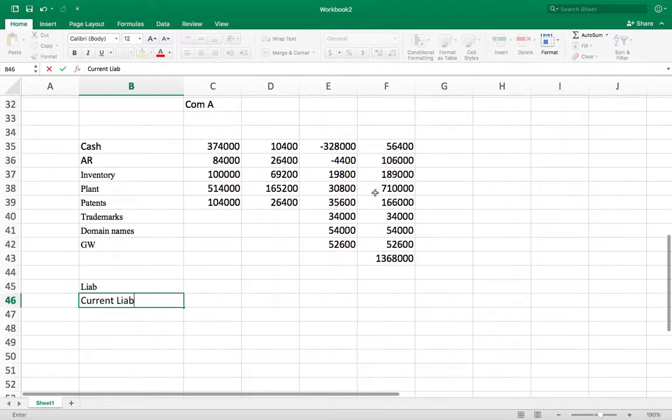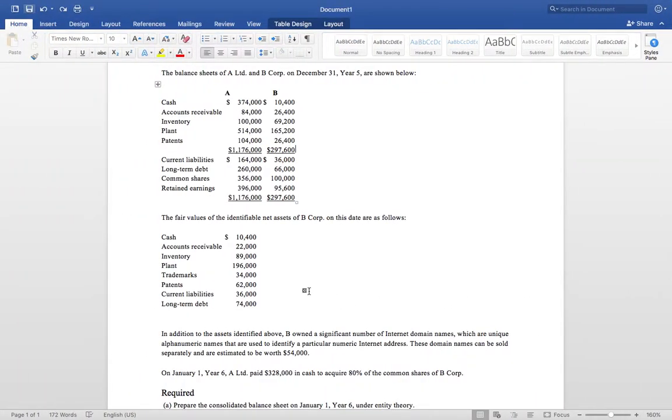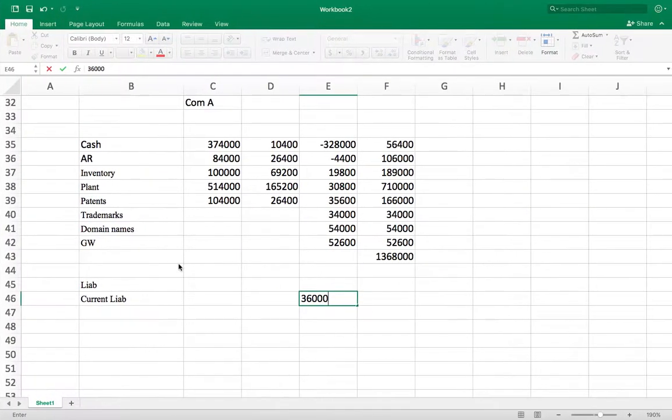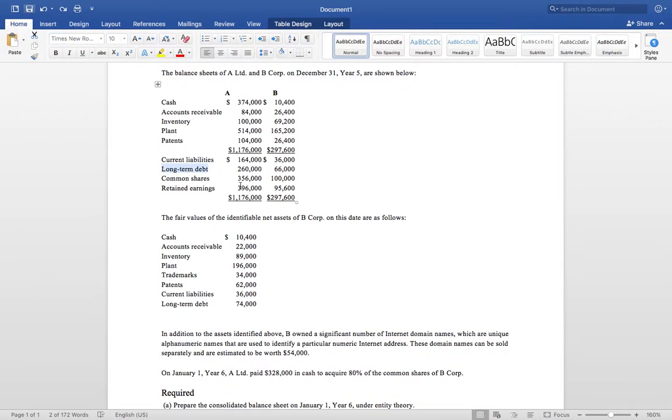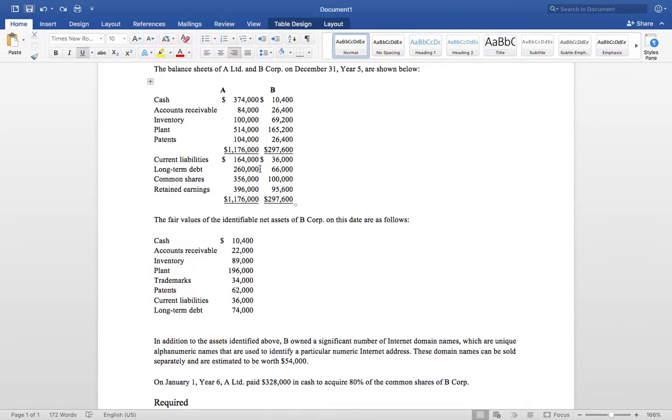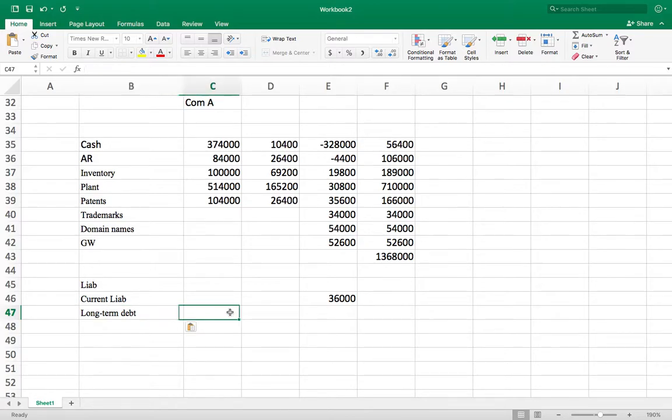Next we have long-term debt. Long-term debt is 260,000 and 60,000.